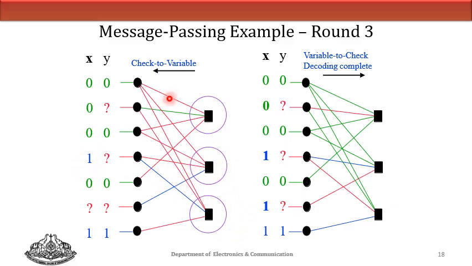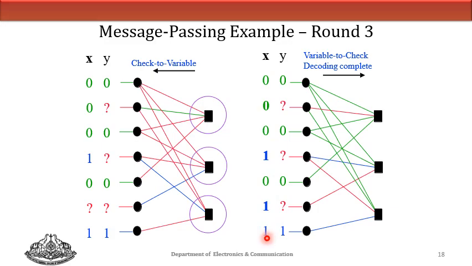Second check node, now 1, 2, 3, 4, has to find out only this erasure value. So the message that should be sent from this check node to this variable node will be the sum of all other incoming values. So this is 0 plus 0 plus 1, so 1. This check node will send the value 1 to this particular variable node.